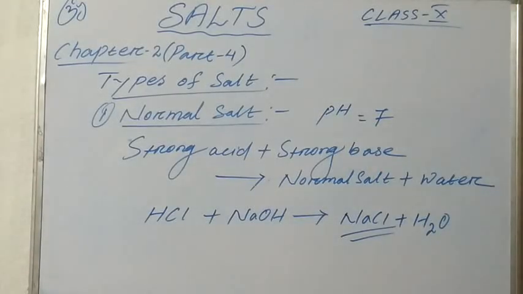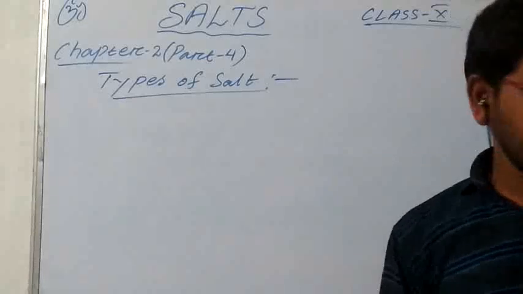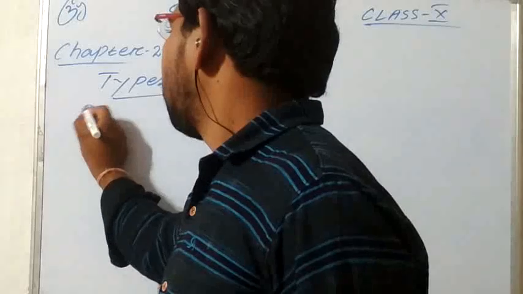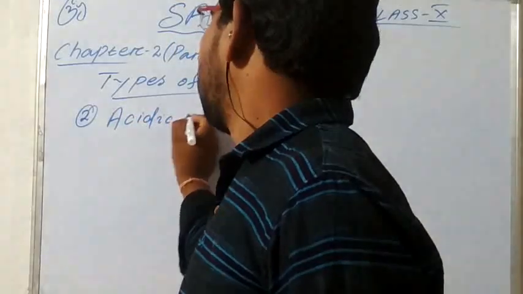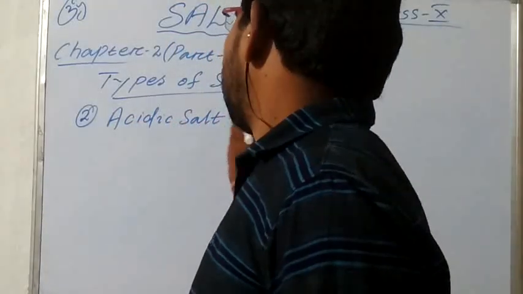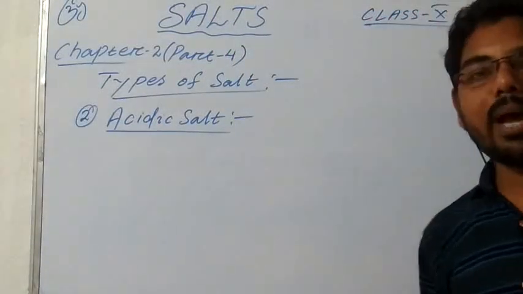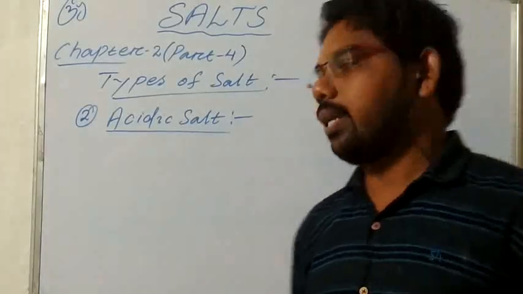Next, the second type of salt is acidic salt. Acidic salt is formed by the reaction between a strong acid and a weak base.